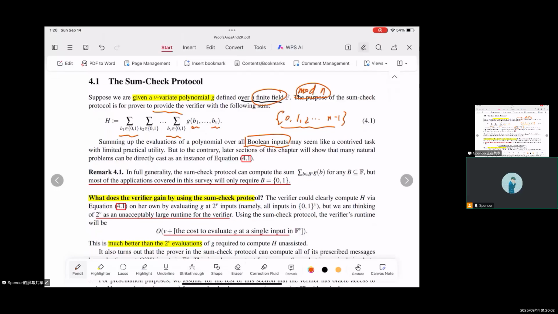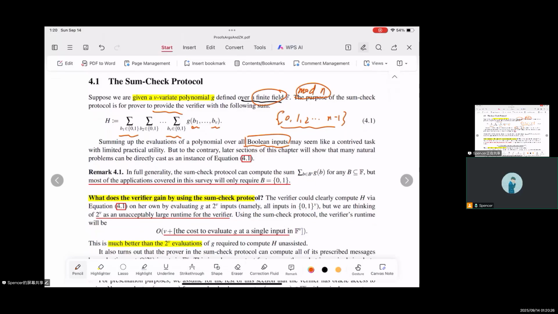For b1 we choose 0 or 1, for b2 0 or 1, and until bv we also choose 0 or 1. We substitute the variables with 0 and 1 and add them together to get the sum of this polynomial.